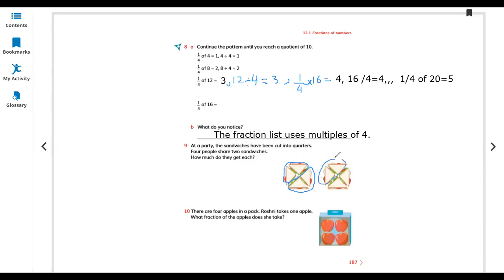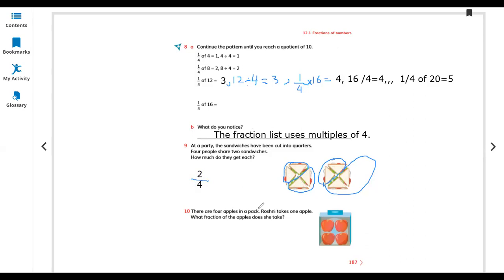Like this, each one gets 2 parts. So we can write here 2 by 4, or 1 by 2 also you can write. If we cut it, it's coming 1 by 2. But 2 by 4 is also correct. It means from 4, each one gets 2 parts.